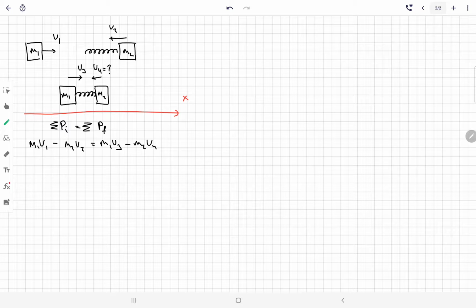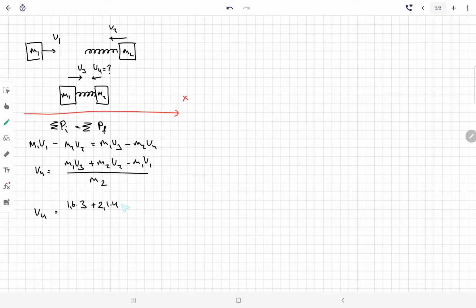Okay, let's continue. So V4, from this formula, will be equal to M1 V3 plus M2 V2 minus M1 V1, over M2. Mass 1 is 1.6, V3 is 3, plus M2 is 2.1 kilograms, V2 is 4.